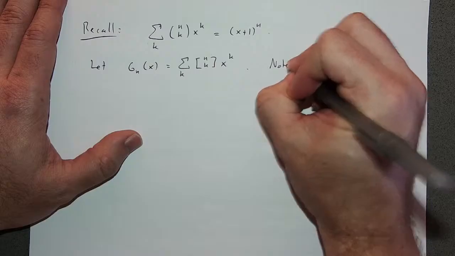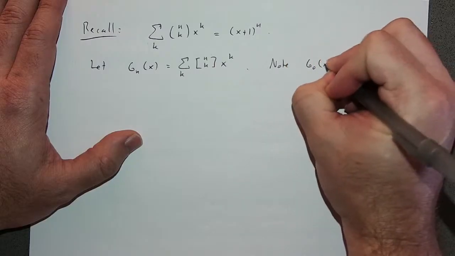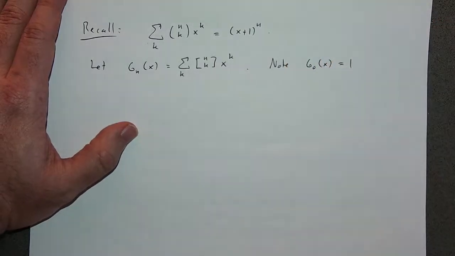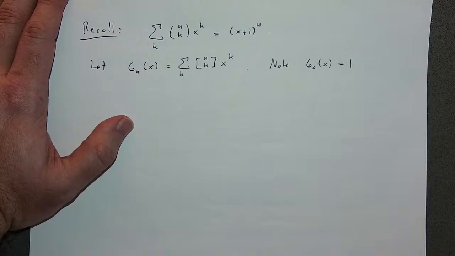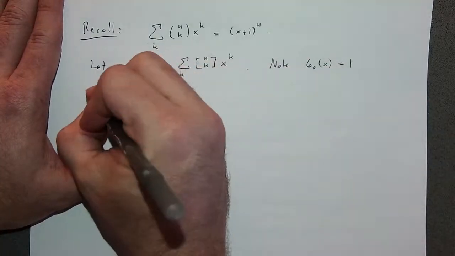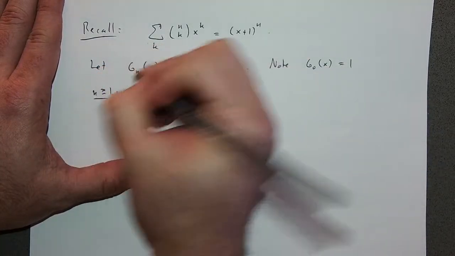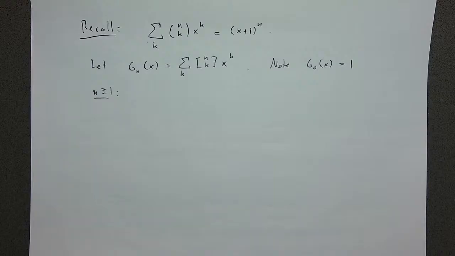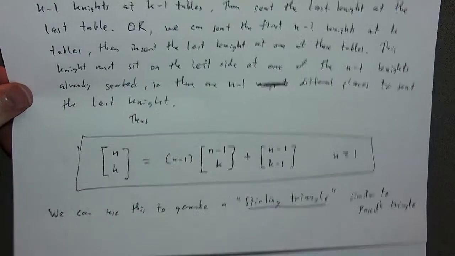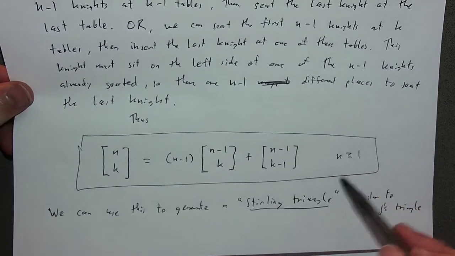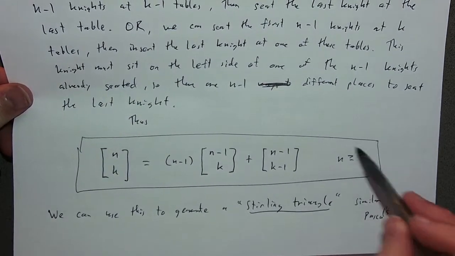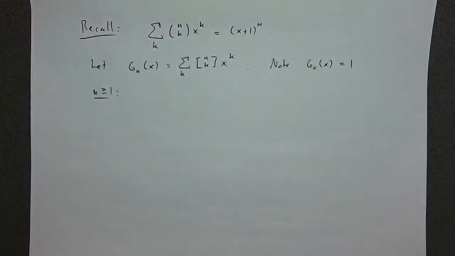Note, of course, that g naught of x is just the constant 1. For n greater than or equal to 1, why do I care about peeling off that term? Well, the reason I care is because this recurrence relation holds so long as n is greater than or equal to 1.